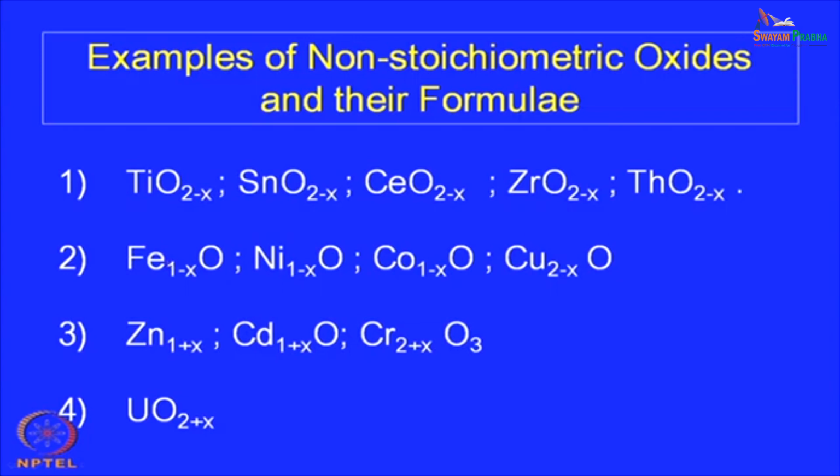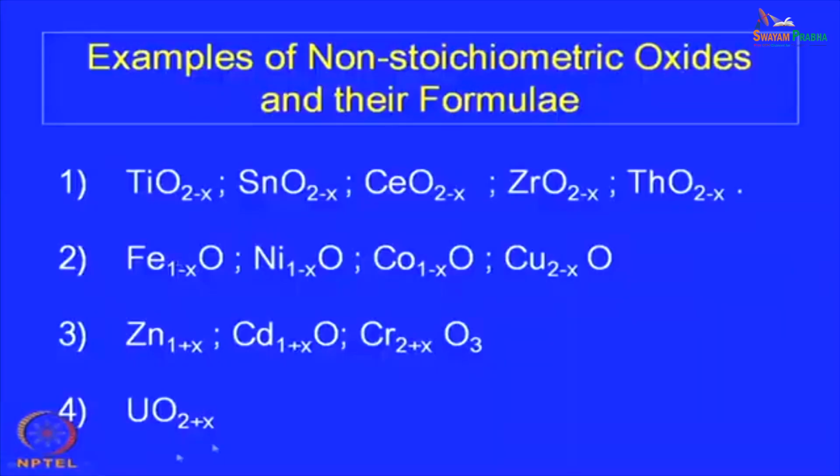So, there are two aspects, one is the metal deficiency, the other is the metal vacancy. Metal deficiency is created by metal vacancy or oxygen interstitials, but which one is correct, the formula itself tells you.